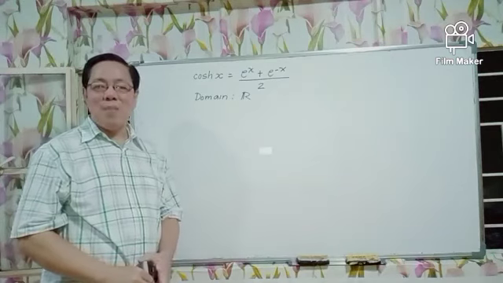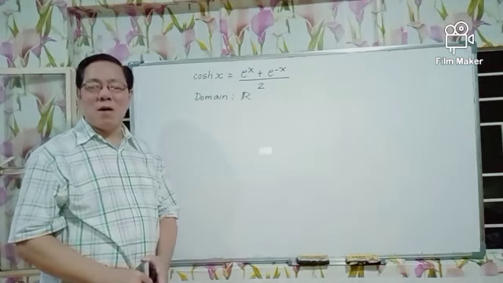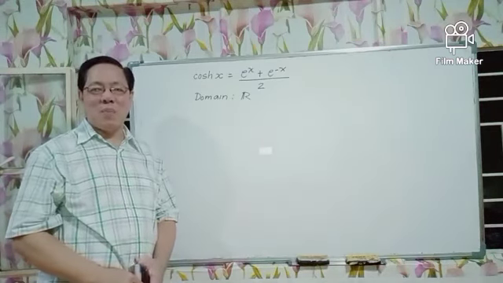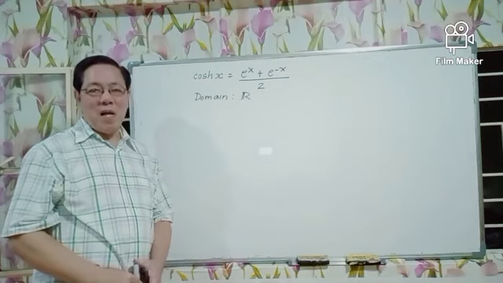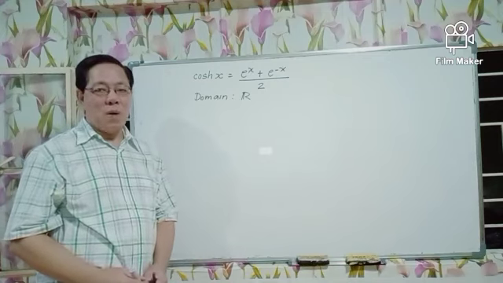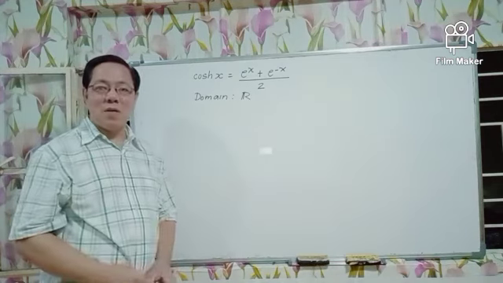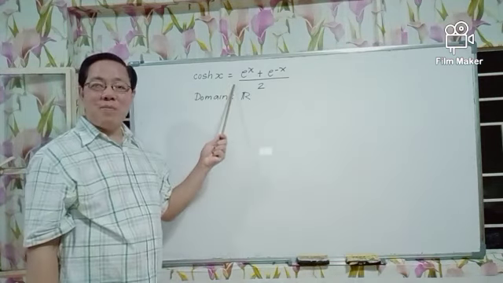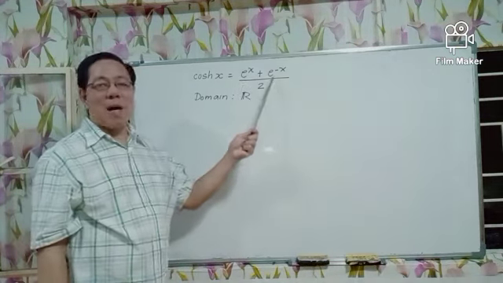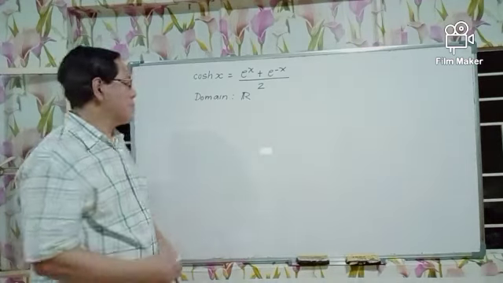Now we sketch the graph of the hyperbolic cosine in the Cartesian plane, or in the xy plane. And for each value of x, we calculate the value of y given by the hyperbolic cosine of x, defined by e to the x plus e to the minus x all over 2.